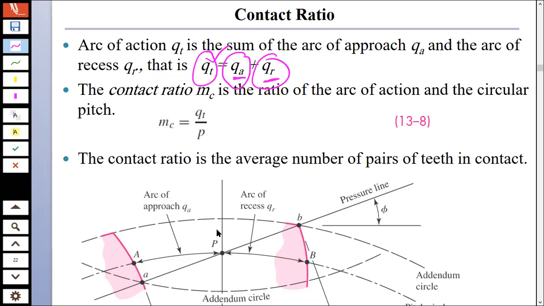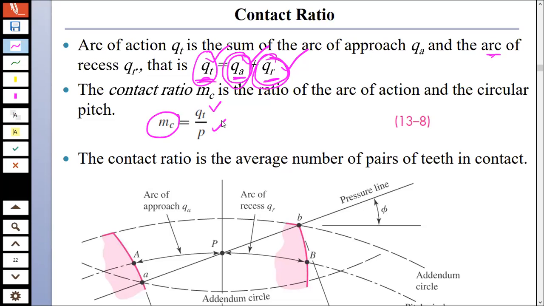We denote that by MC, and MC is equal to QT over P. Sorry, we will not call this the angle. Rather, if we take this in arcs, then this is the arc of approach and the arc of recess, and QT will be the total arc of action.